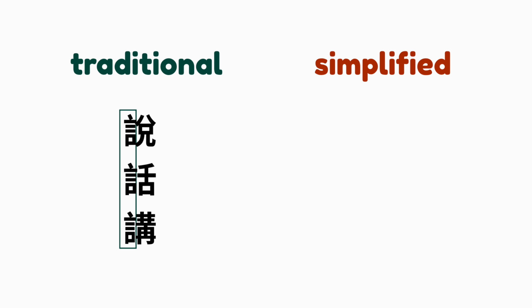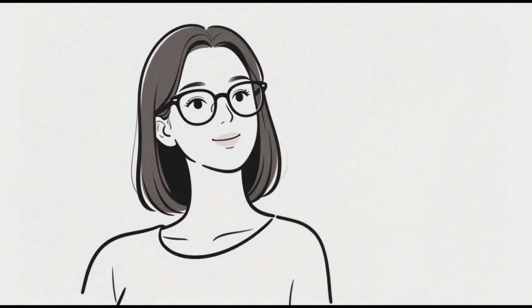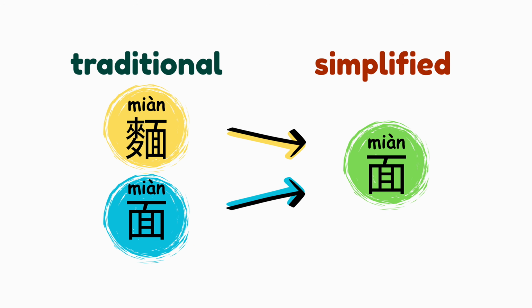But others were simplified by reducing certain radicals or components. For example, the left side of these characters is 言字旁. In simplified Chinese, it was shortened like this, so the words were simplified accordingly. Besides simplifying individual characters, simplified Chinese also merges some traditional characters with the same pronunciation into a single form.